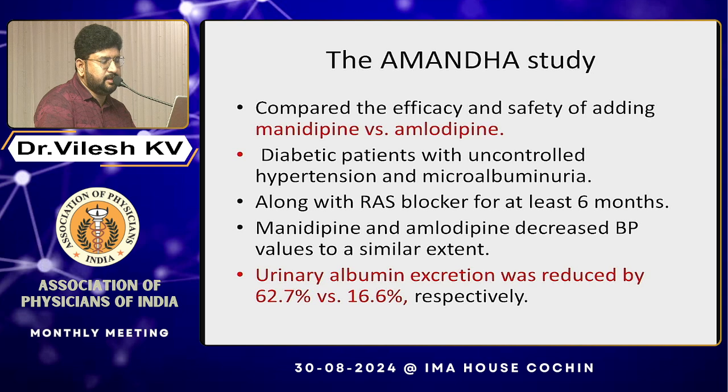The MANDALA study looked at the newer calcium channel blockers, manidipine versus amlodipine, which is in the pipeline for us. The initial albumin excretion was reduced by 62.7% versus 16%. So again, the L and N channel blockers, L and T channel blockers, have a much better response compared to the renal effects.